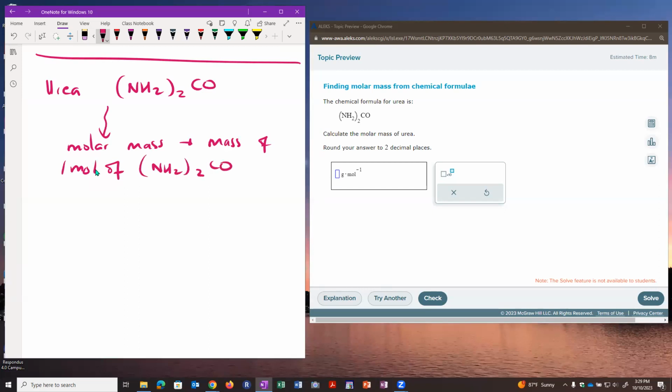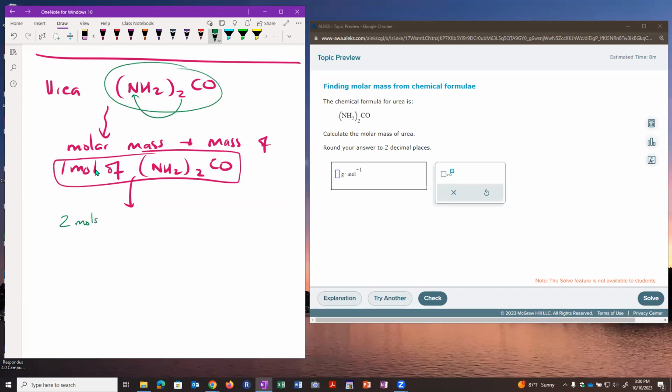So what we need to do then is to take a close look at our chemical formula and figure out for every 1 mole of this entire thing, how many moles of these atoms do we have? And that's where the subscripts are going to be important. All right, so based on this, the formula is telling me for every 1 mole of urea, I have 2 moles of nitrogen.